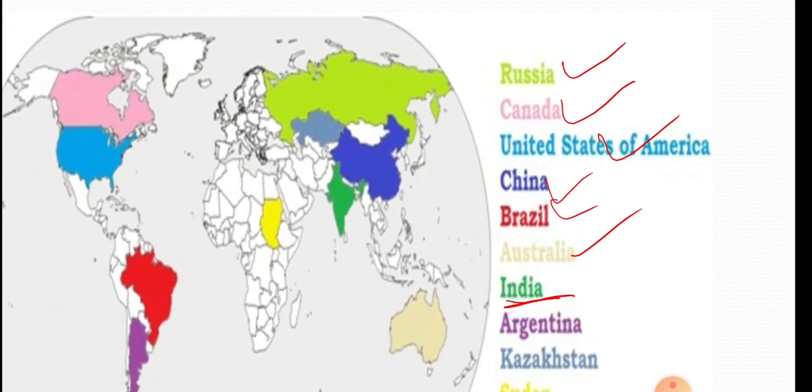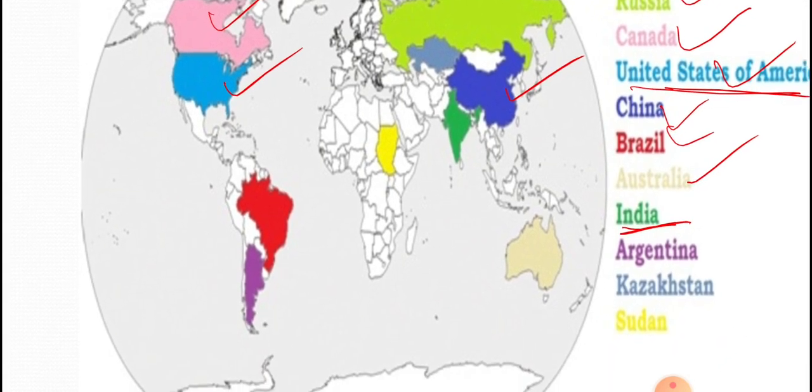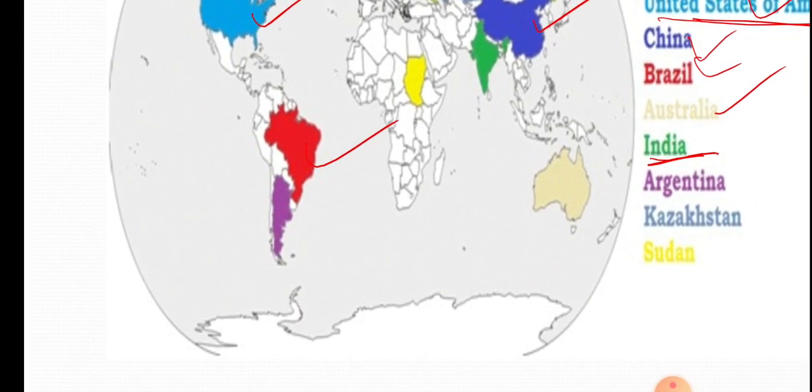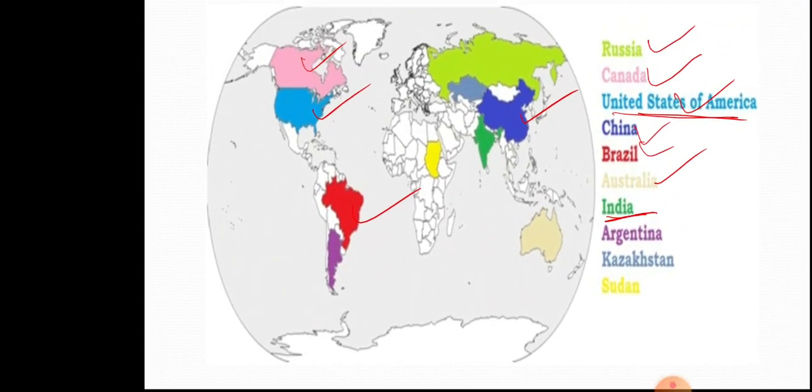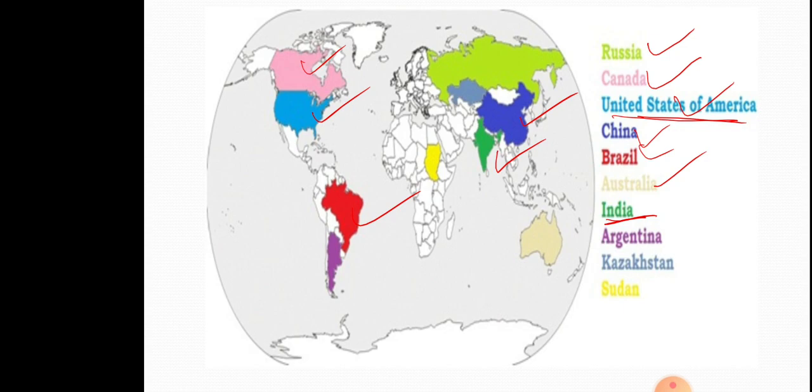You can see in the green over here, Russia, the largest, then Canada in the pink, then United States of America, USA. I'm not talking about the continent, I'm talking about the United States of America, the country. Then comes China, just in our neighborhood, in blue. Then comes the Latin American country, Brazil, and then India in the green. You can see all six and seventh India.